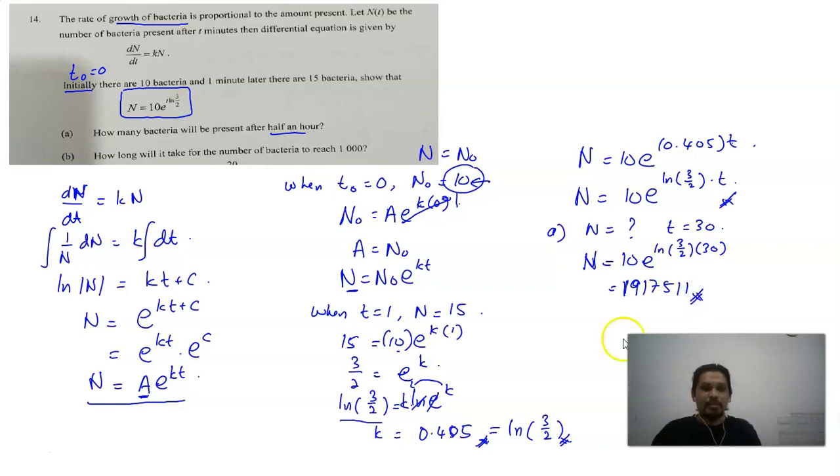How long will it take for the number of bacteria to reach 1000?